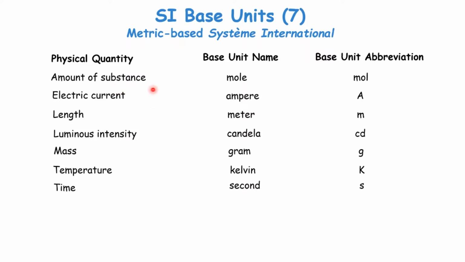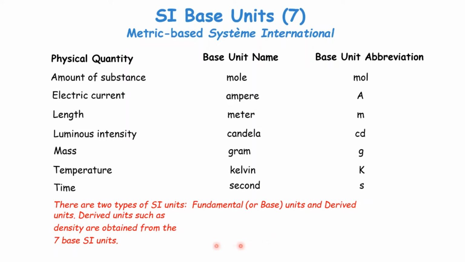Since this is chemistry, I will talk about the chemistry unit first. For the amount of substance in chemistry, we use the mole, abbreviated mol. For electric current, the base unit name is ampere, and the abbreviation is just a capital A. And we have mass in kilograms, time in seconds.